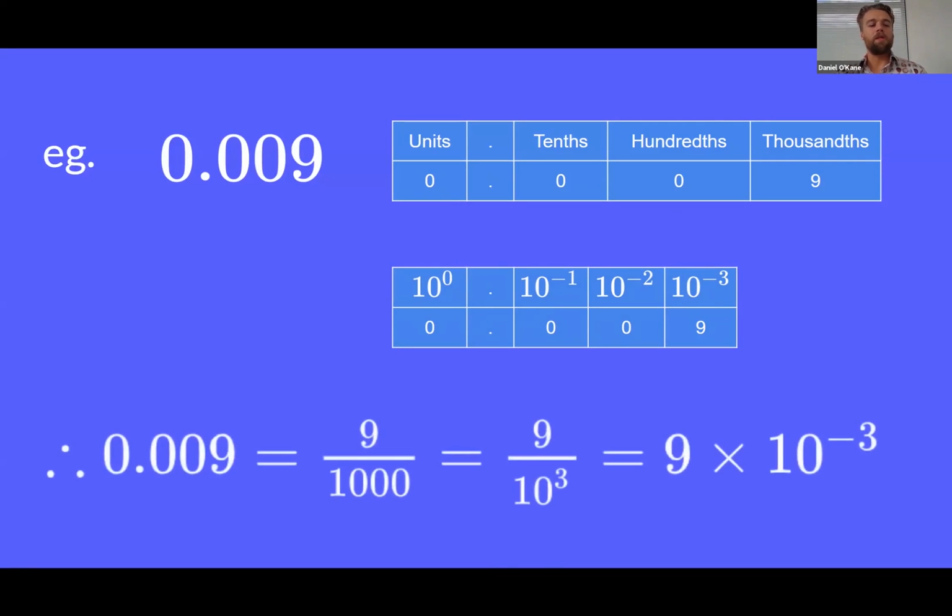So then 0.009 is just 9 lots of 10 to the power of -3. So I can write 0.009, because it's an easier number to convert, that's 9 thousandths. So 9 thousandths is 9 over 10 to the power of 3, which is going to be 9 times 10 to the power of -3.